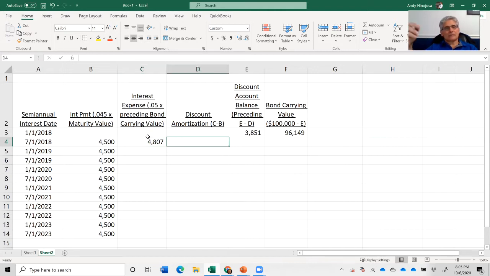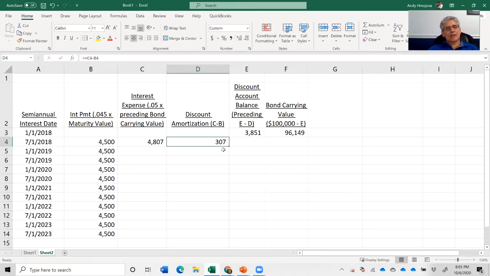The discount amortization can be computed by taking column C and subtracting column B. Column C minus column B is the difference between the payment and the interest expense, and that's the amount to be amortized.